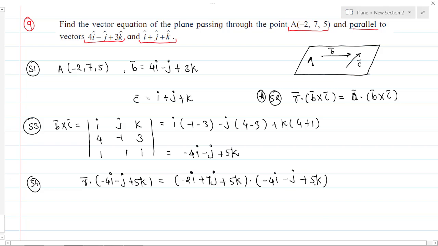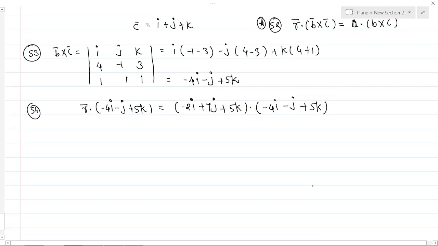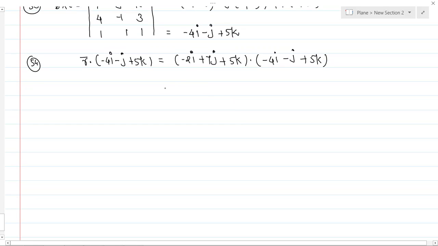Let's solve this dot product. Minus 2 into minus 4 becomes plus 8, 7 into minus 1 becomes minus 7, and 5 into 5 becomes 25. So 8 minus 7 plus 25, which is 1 plus 25, becomes 26.